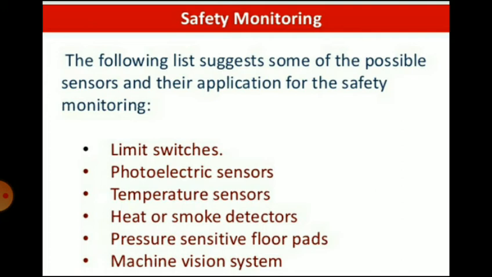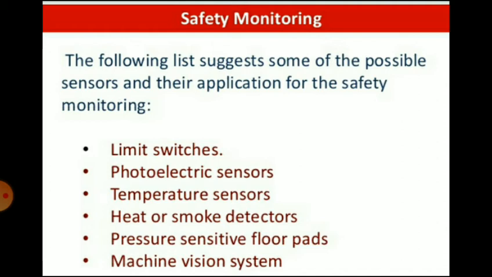Second, photoelectric sensors. Third is temperature sensors. Temperature sensors indicate that the work part is hot enough to proceed for a forging operation. Otherwise, forging dies might be damaged due to insufficient heating of the work.